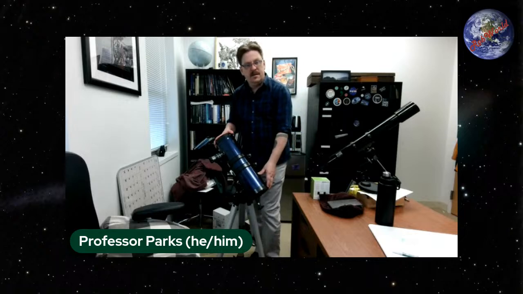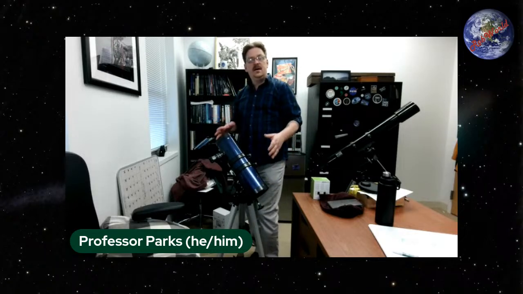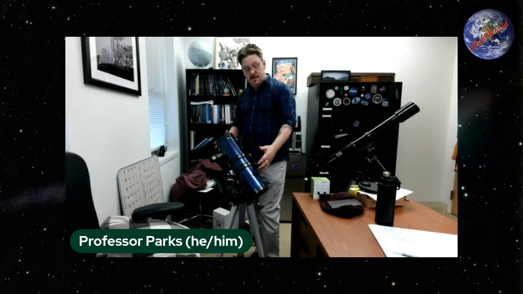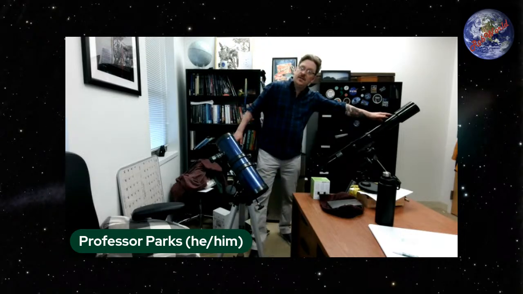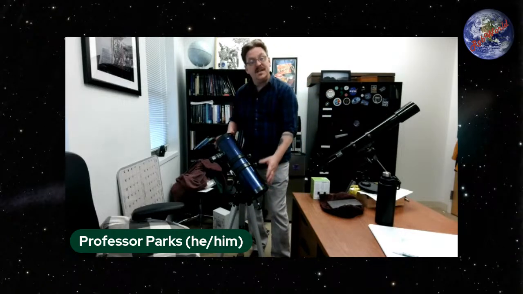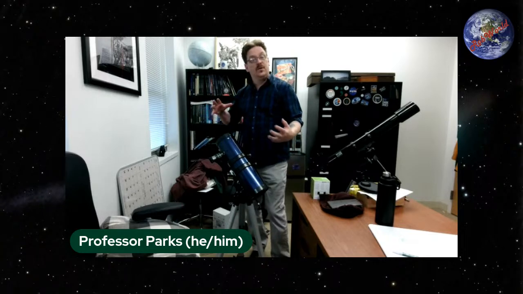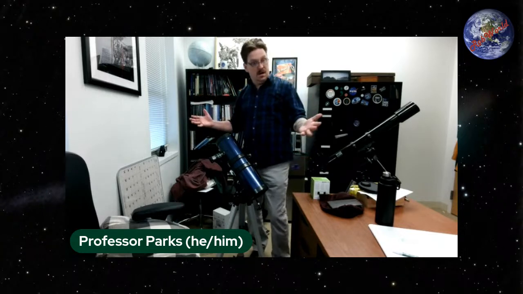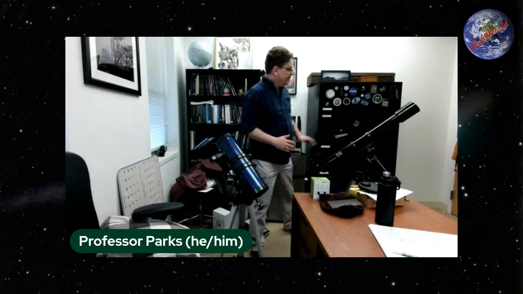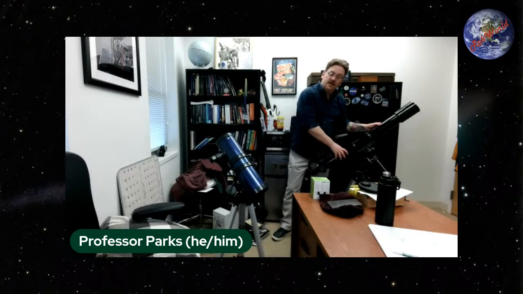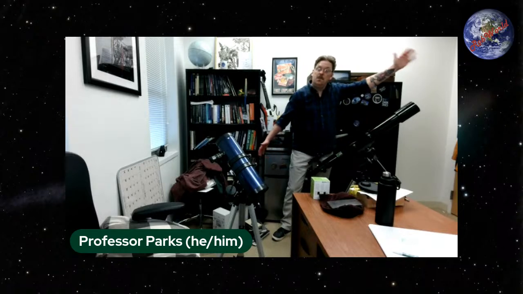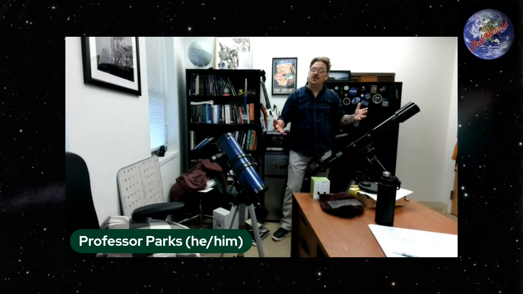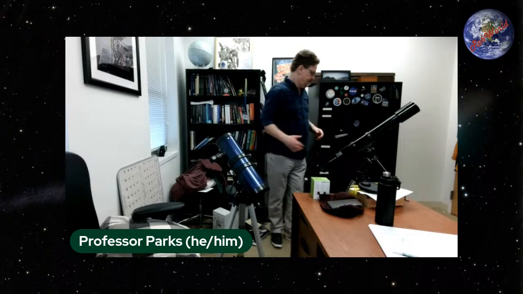Generally speaking, when you make telescopes larger, when you make this mirror larger or make this lens larger, your focal length is also going to get larger. So you can imagine that if I make this thing much, much larger, this tube is going to get much, much larger, and then we run into a structural problem.